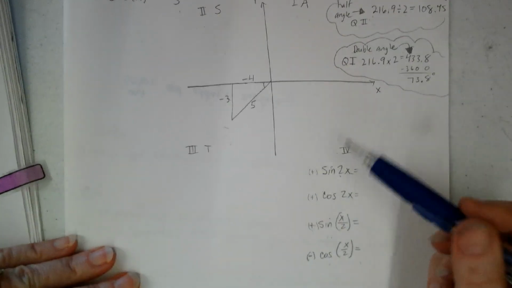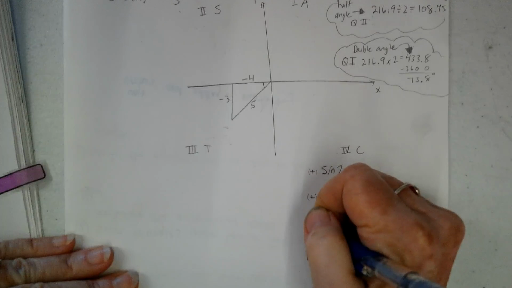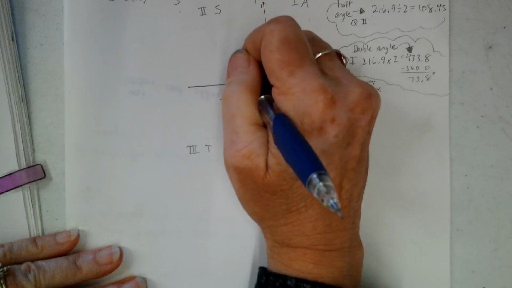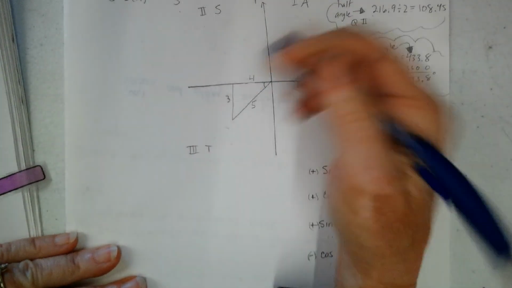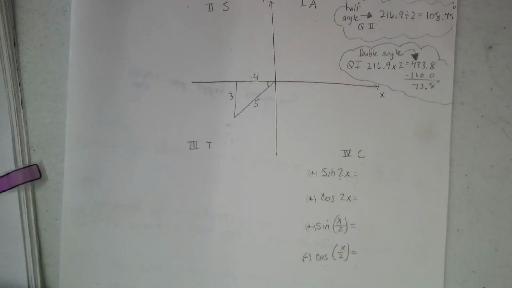Everything's positive in quadrant 1, so these are all positive. So now that we have that all taken care of, I'm going to erase these negative signs, because all I needed them for was to know which quadrants things are in.